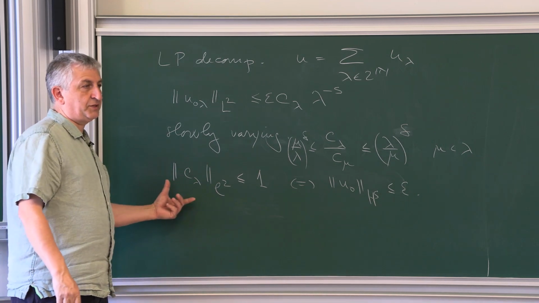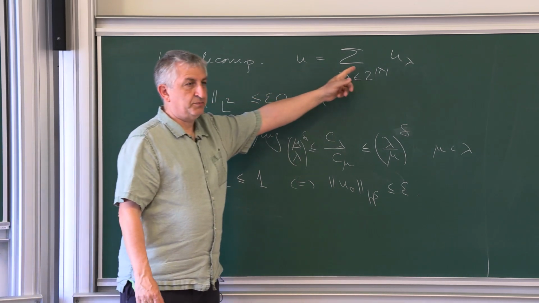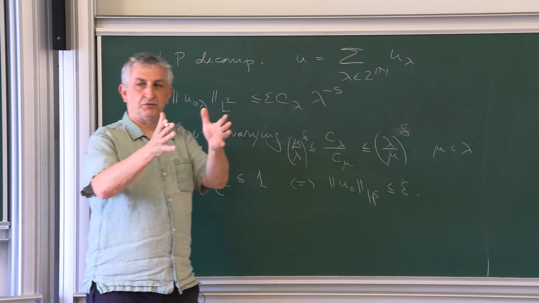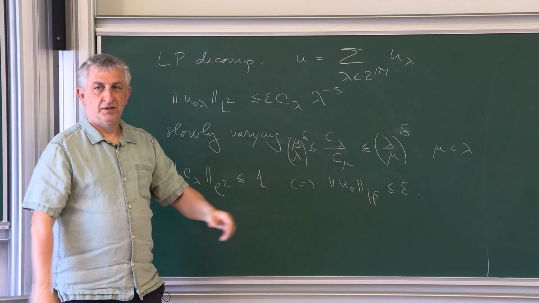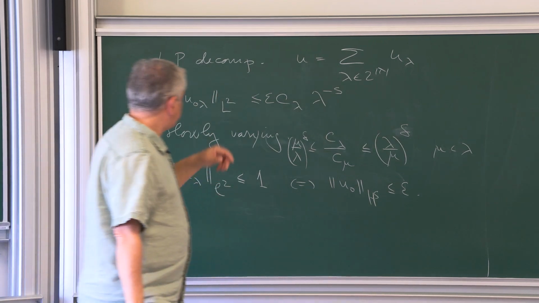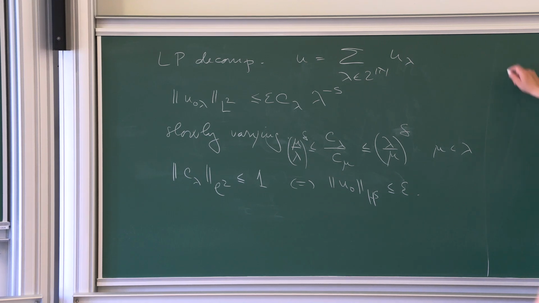So this is what you might call a normalized frequency envelope. Maybe I should have said when you do this Littlewood-Paley decomposition, we don't do anything at low frequency, so everything below frequency 1 is put in a single clump. We do this only at high frequencies. All right.